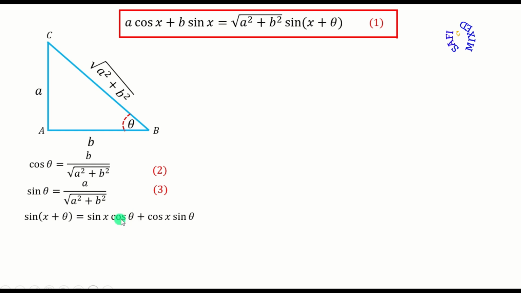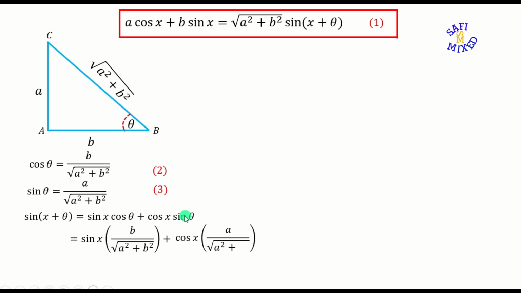And if I use the values of cos of theta and sine of theta from equations 2 and 3, I can put the right side of this equation into this form, where I have substituted b divided by the square root of a squared plus b squared for cos theta, and similarly I can write the value of sine theta at this position. Now the two terms carry the same denominator, therefore I can take this common and put the right side of this equation into this form.